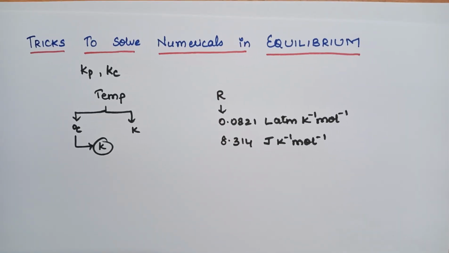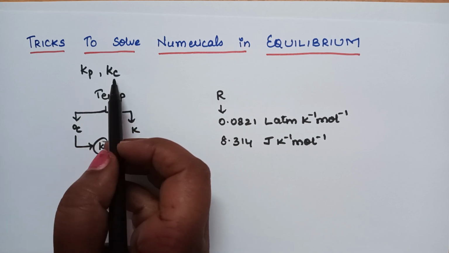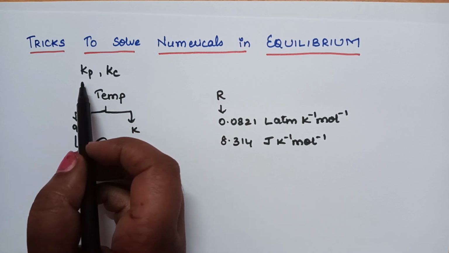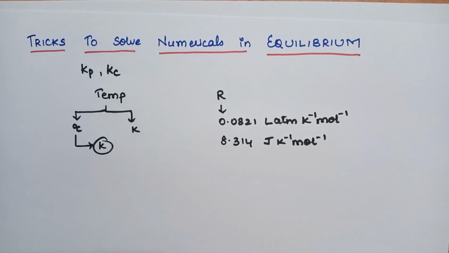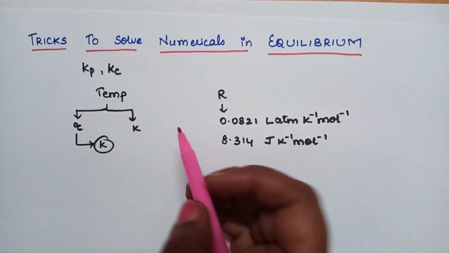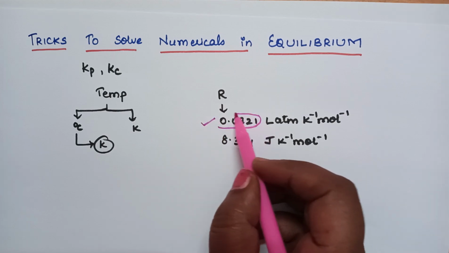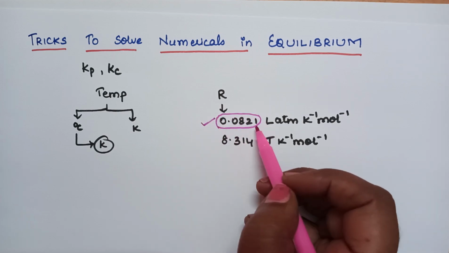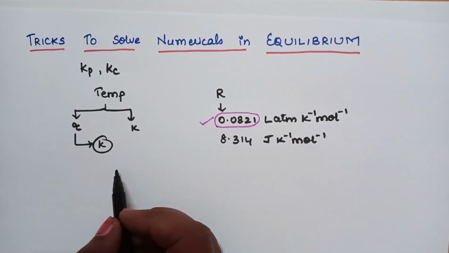Students, you know that Kp is in terms of pressure, and Kc is in terms of concentration. Pressure will be in atmosphere and concentration will be in terms of moles per liter. So that is why we have to use 0.0821.